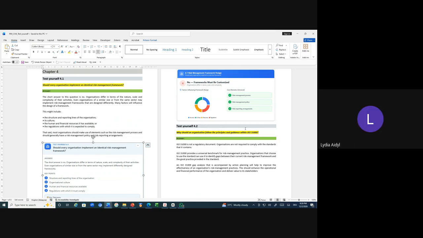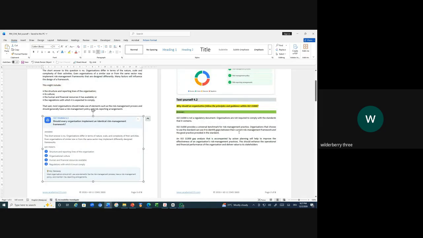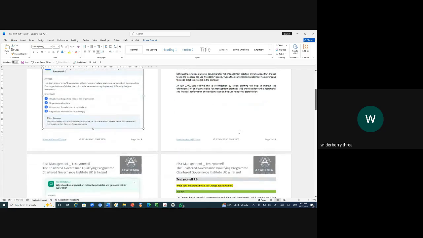Upfront, standardization, a standard, is good. It gives you a good benchmark. You already have some guidelines where you can take out the best for you, because it gives you best practice. It also gives you a kind of gap analysis or action planning tools, for how you can improve your system. So you have quite a comprehensive manual for how you can draw up your own risk management framework.